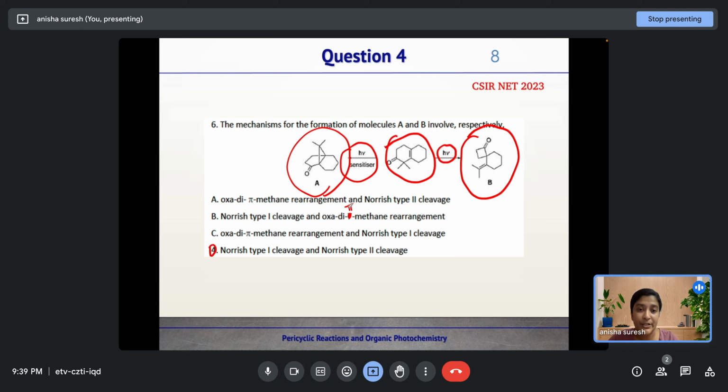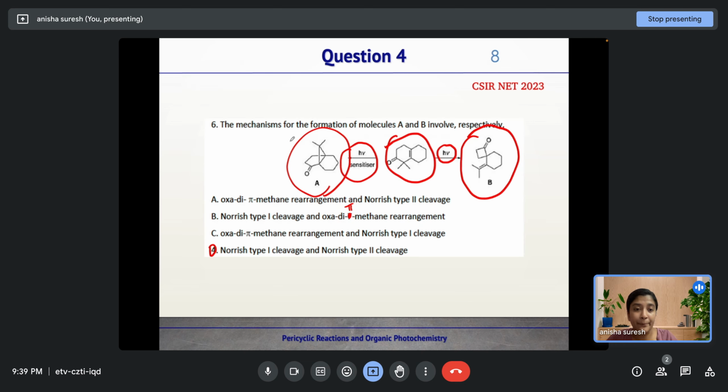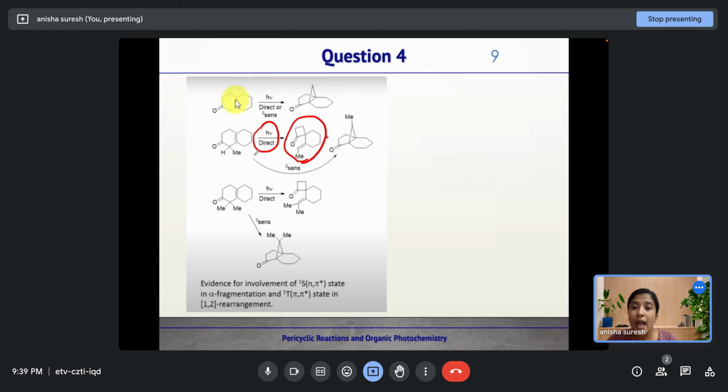This was discussed in the lecture. Here this is our starting material. When we subject it to direct irradiation, it gives product B. And when we use a triplet sensitizer, it gives product A. So here this is clear, okay?